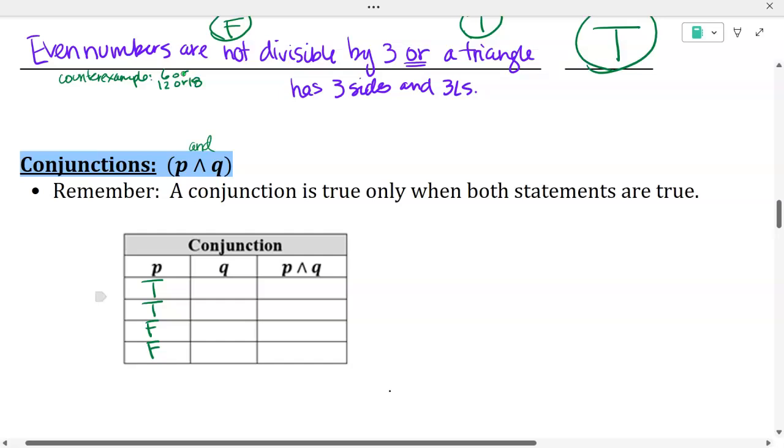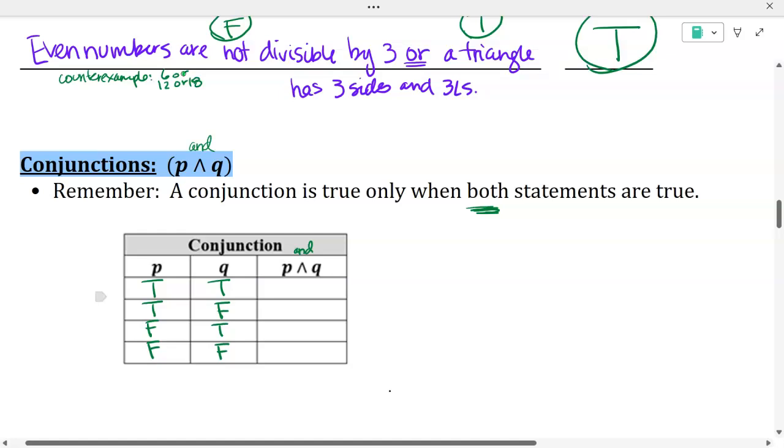And again, we're going to come up with all of the possible truth values for Q to come up with all the different possibilities. So Q is going to be true, false, true, false. And so now we can figure out what happens if you have P and Q. Now remember, a conjunction is only true when both statements are true.